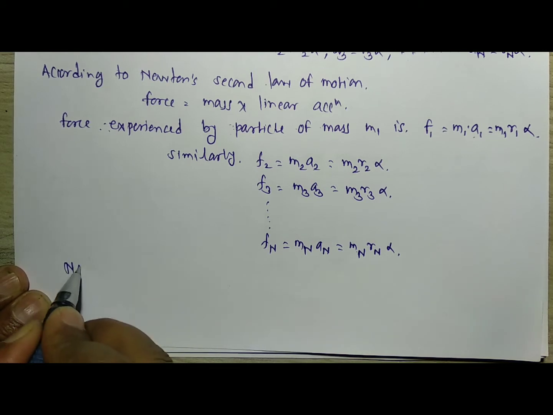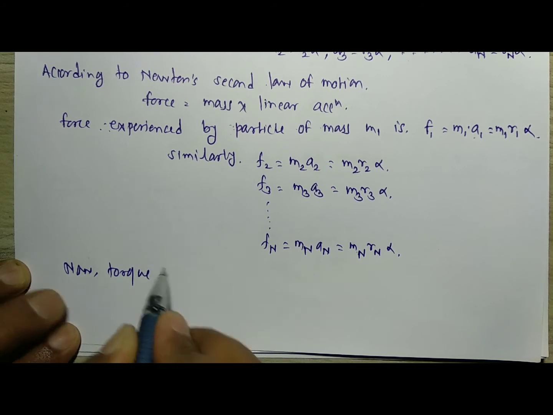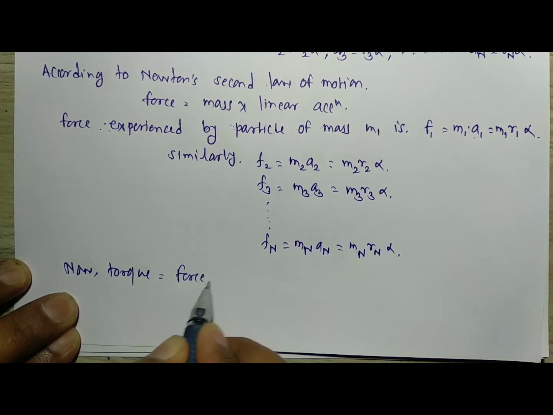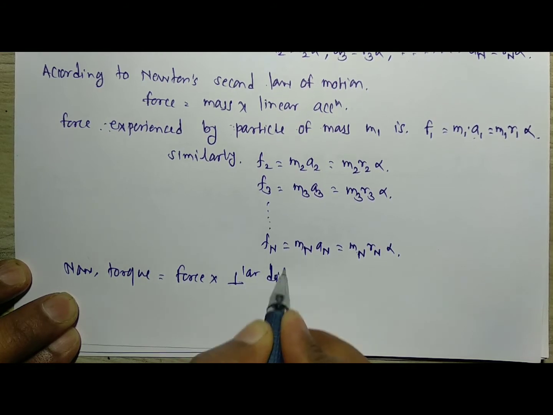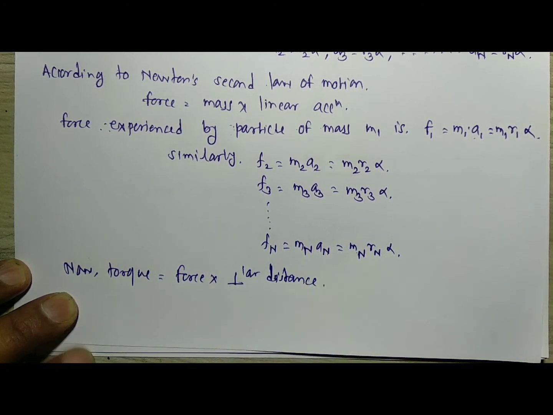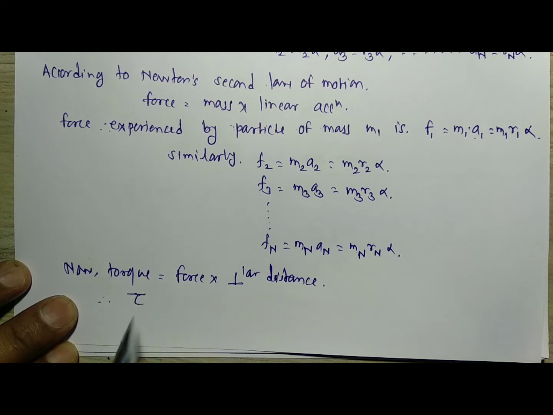Torque is equal to force into perpendicular distance from the axis of rotation. Torque is denoted by tau, and tau is equal to force into r.